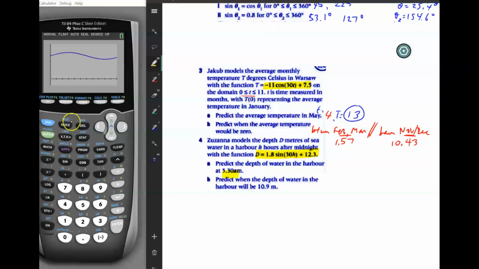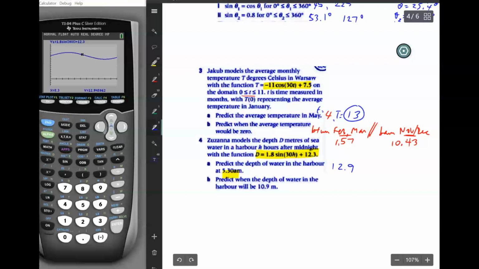So what we're going to do is trace 5.3, and that will give us the height at that time, 5.3. And it turns out that it's 12.9. Looks like 12.9.